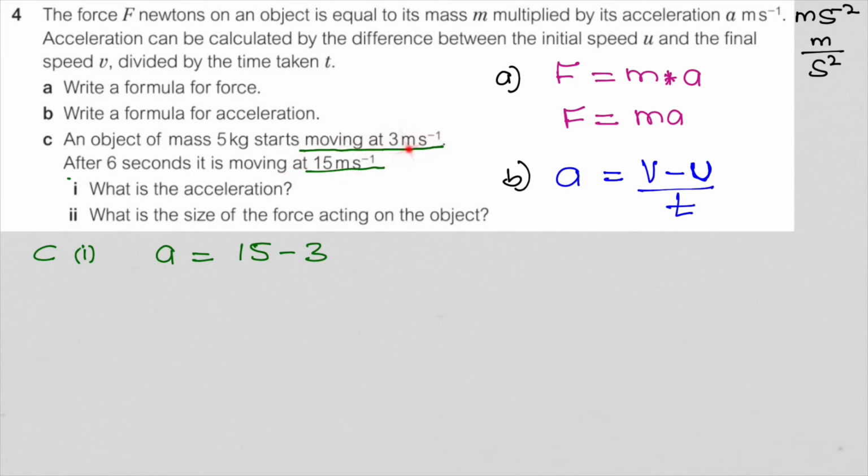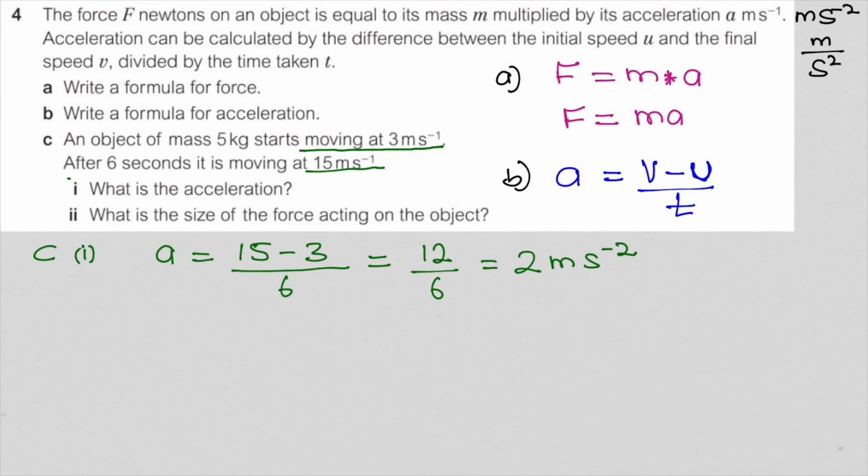So u is 3, and v is 15. And then we divide that by t, and the time was after 6 seconds, so that would be over 6. And that would be 12 over 6, which gives 2 meters per second squared.